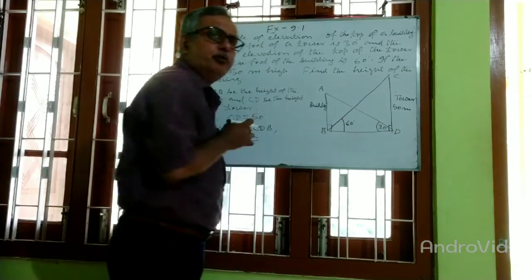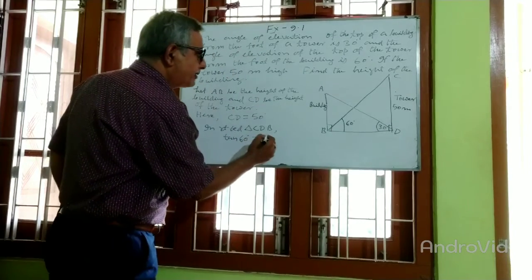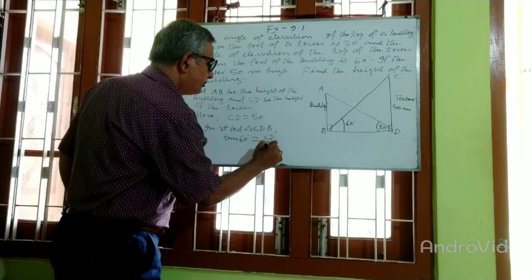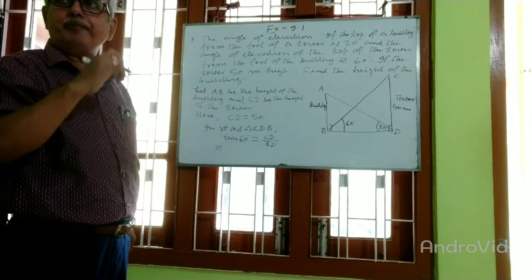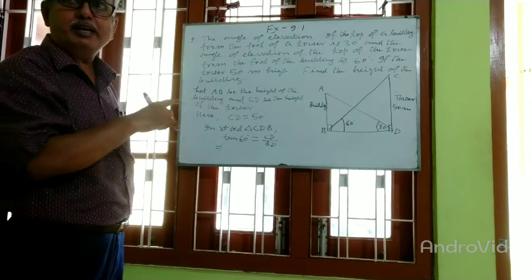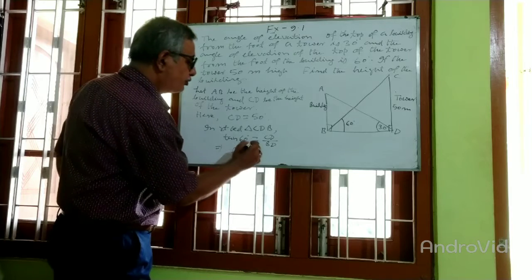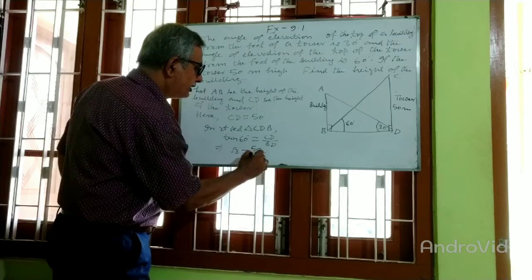CD is perpendicular and base is BD. So you may write CD by BD. Tan 60 degree, what you are getting? √3. And CD is equal to, you are getting 50. What you have to find out? BD.